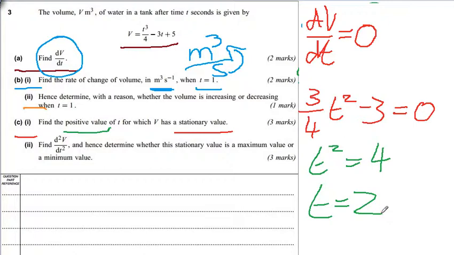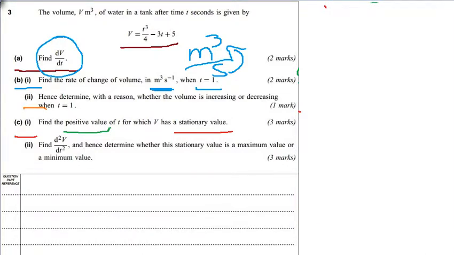Right, next one. Flying through these. Next question. Find d2v over dt squared, and hence determine whether the stationary value is a minimum or a maximum value. To find d squared v over dt squared, you just need to do exactly the same to your dv over dt as you did in 3 part a.